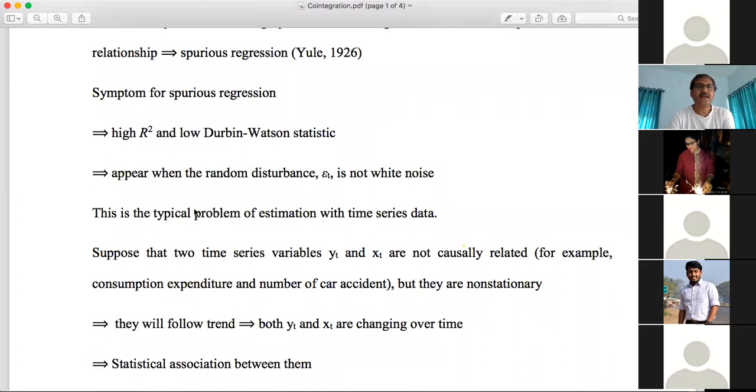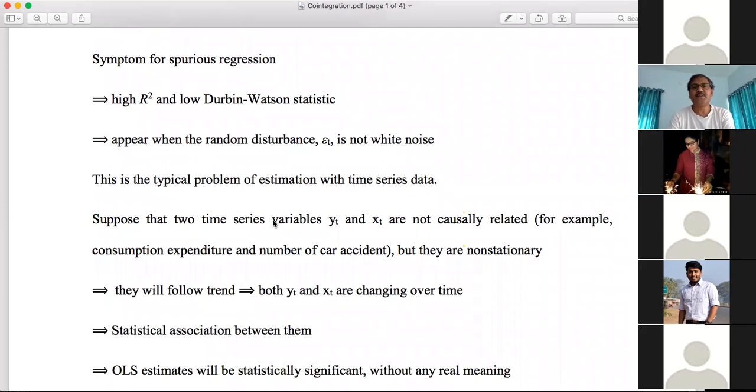So the possibility of spurious regression in a simple linear regression model or multiple linear regression model may appear only in the case of time series data. That is why this is the typical problem of estimation with time series data.